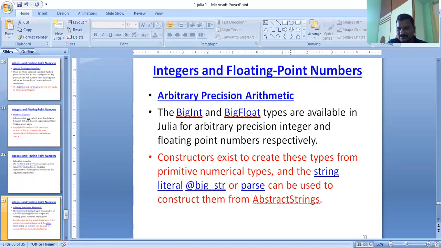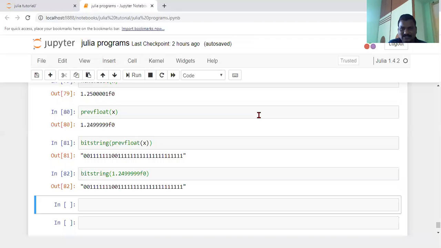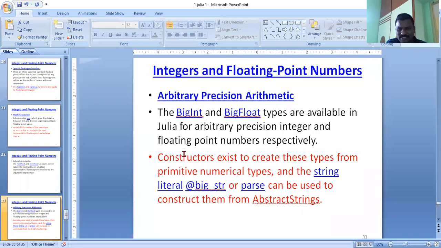Not only bit strings, BigInt and BigFloat types are available in Julia for arbitrary precision integer and floating point numbers respectively. For that, you use BigInt and BigFloat.